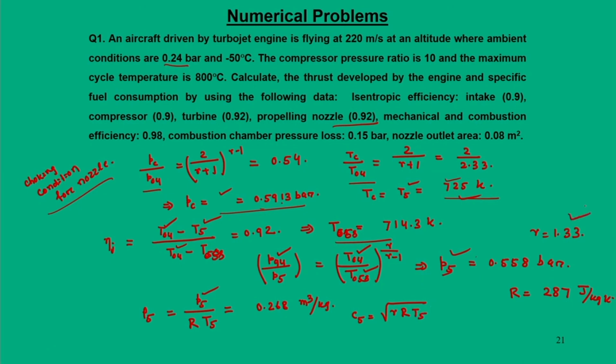Gamma is again 1.3, R is known, T5 is known. So C5, that is the jet velocity that comes out, is 526 meter per second. From this we can find the mass flow rate of air, that is rho 5 A5 C5, and all numbers we know, this is about 11.28 kg per second.